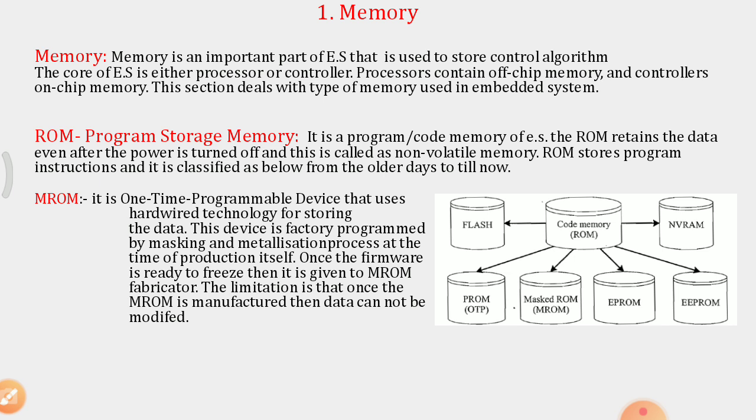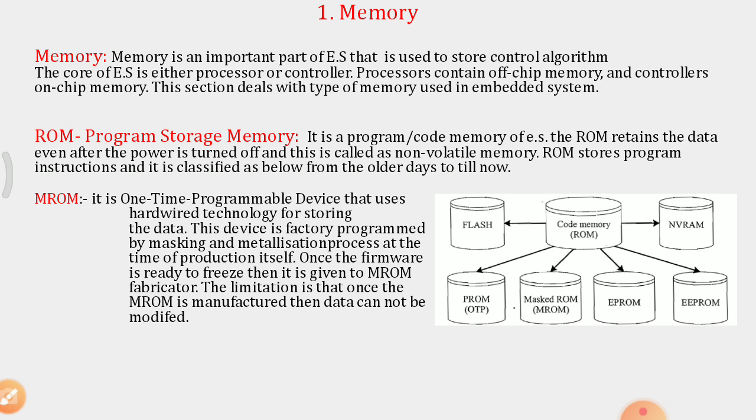A ROM is a non-volatile memory. The ROM stores program instructions and it is classified as below from the older days to till now. So in the figure we can see that the ROM is divided into 6 different types from the beginning.